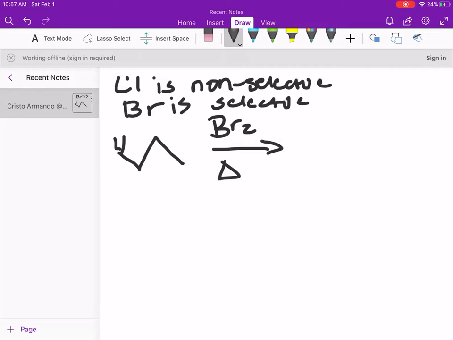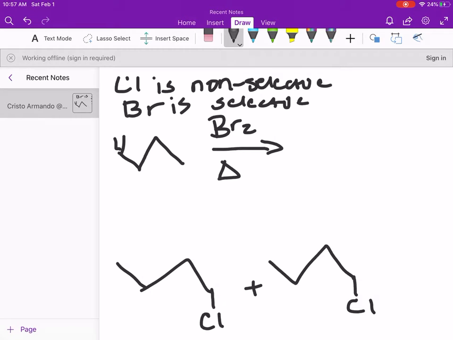So in the last example, we had chlorine create these 2 molecules. Oops, drew that twice. I'm sorry, I've kind of messed up.